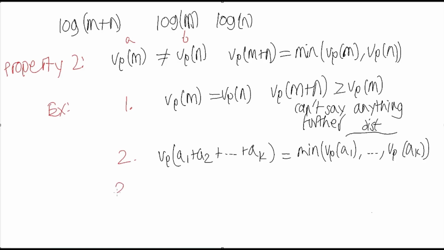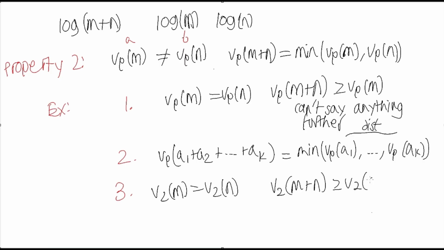And finally, a third exercise regarding nu2. So if nu2 of m is equal to nu2 of n, then we actually can say further, prove this, that nu2 of m plus n is greater than nu2 of m plus 1.